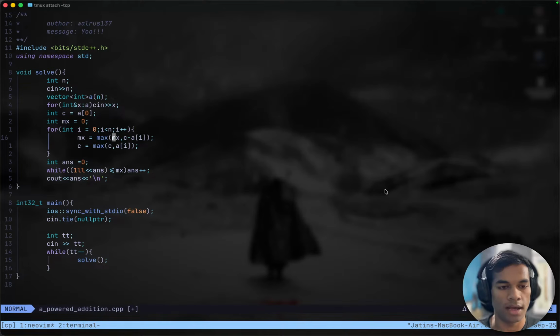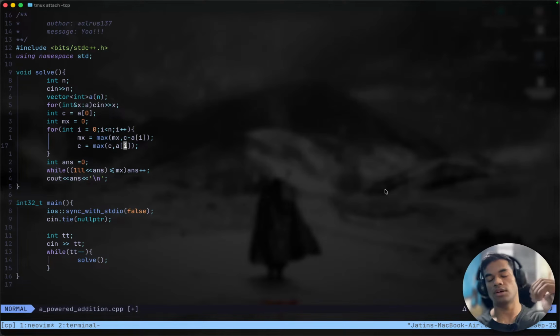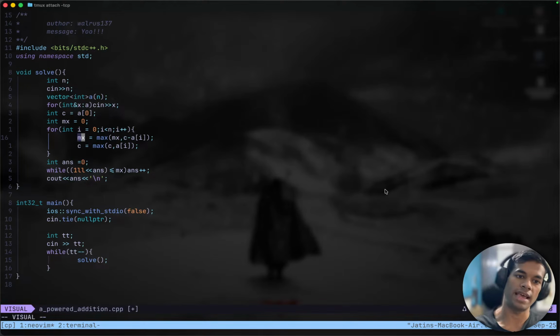Okay, and then C. Either we still keep the minimum requirement to be equal to C, or if ai, the current number, is greater than C, then we push the minimum required up by taking maximum. Now we know that mx, whatever it is, is the maximum amount that we want any number to be increased by.